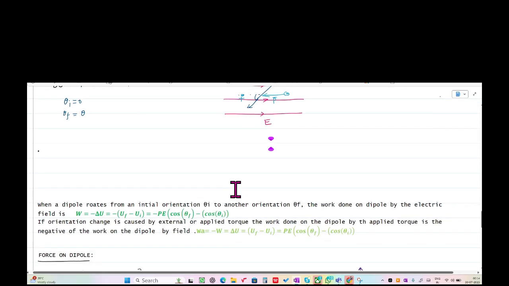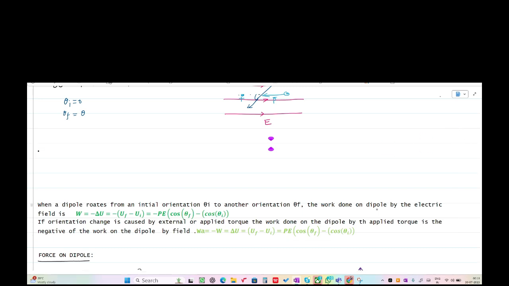So when the dipole rotates from initial orientation to final orientation, the work done on the dipole by the electric field, let us consider W, is equal to minus dU, means minus of U_F minus U_I. Here U_F is potential energy, that means work done by an external agent to bring it from infinity to a point in the field.